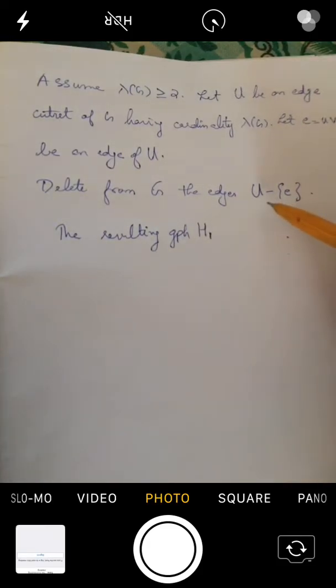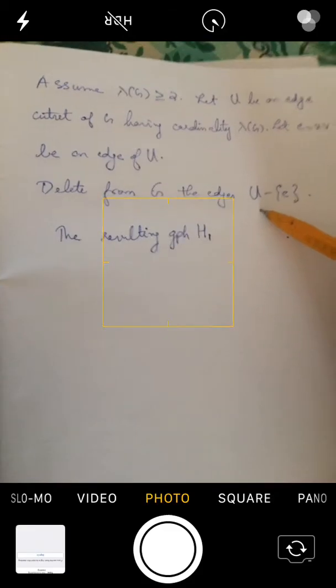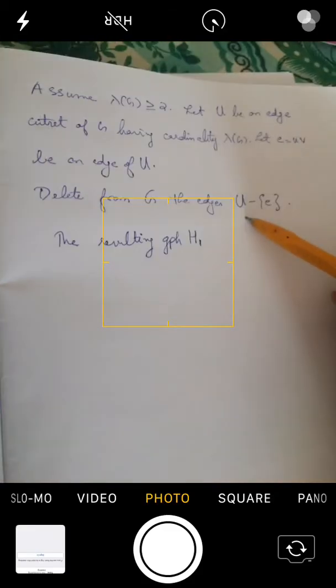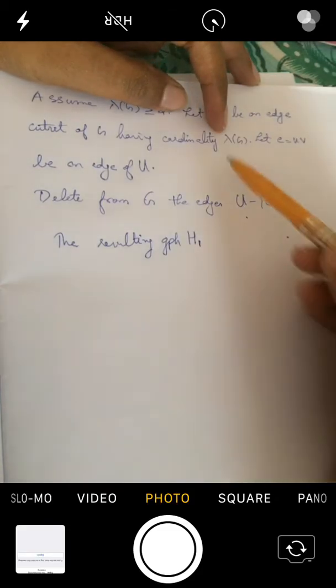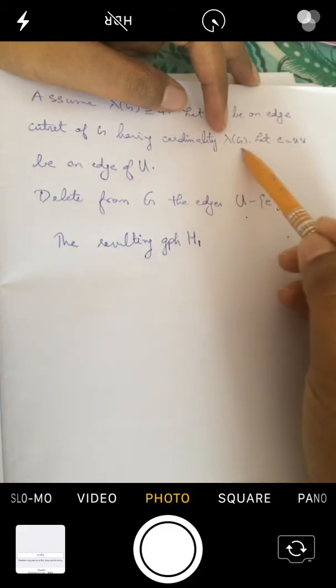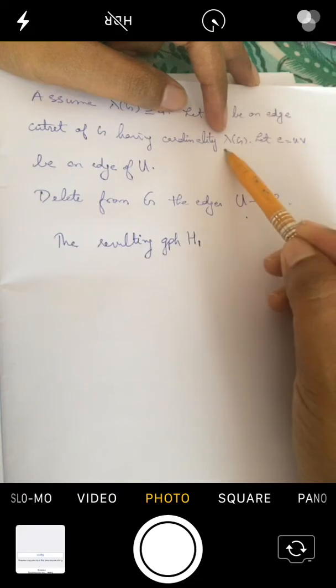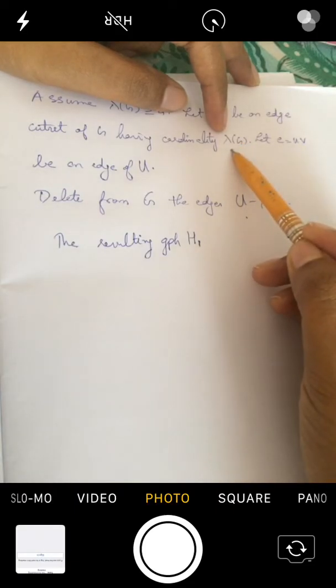We had taken U as the edge cut set having cardinality lambda of G. That means, since U has the cardinality lambda of G, and lambda of G is the minimum number of edges to be deleted in order to disconnect the graph.